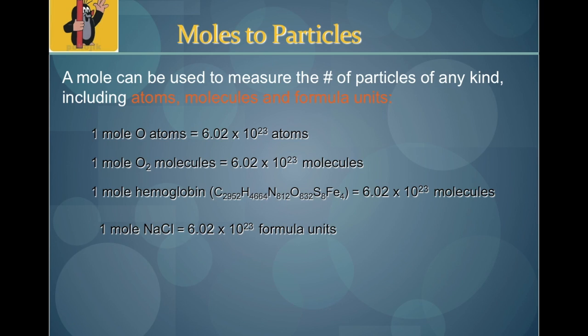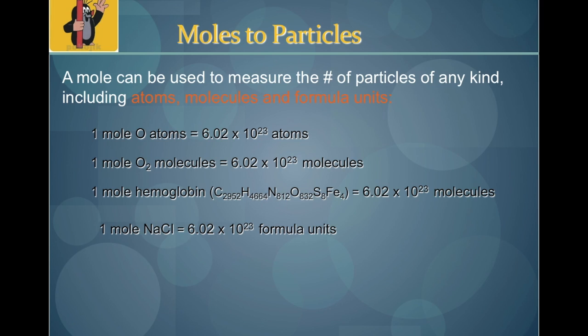And 1 mole of NaCl is 6.02 times 10 to the 23rd formula units. If you remember from previous lectures on ionic compounds, a formula unit of NaCl, or sodium chloride, has 1 sodium atom and 1 chlorine atom.